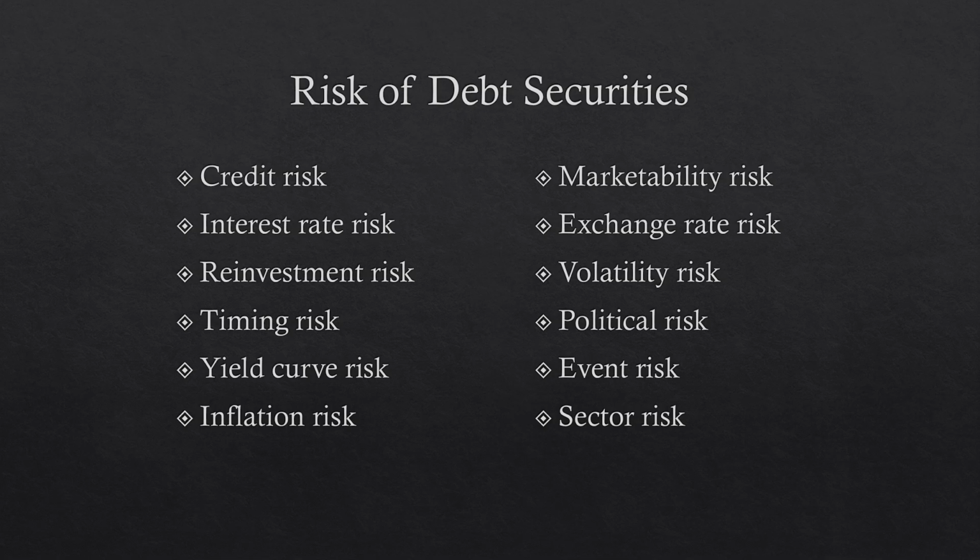You have the exchange rate risk, especially when buying foreign bonds. There is that extra level of variation where the exchange rate could change. Volatility risk, which again is just about the current price of the bond fluctuating. There is that volatility. You have political, event, and sector risks.